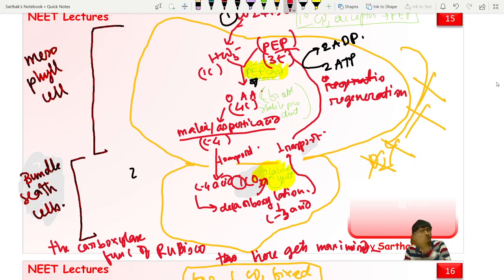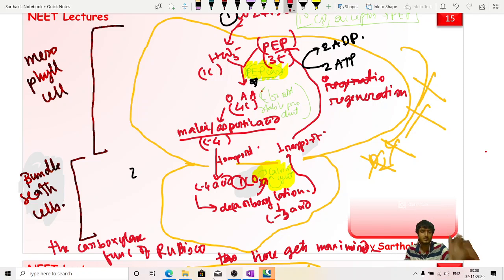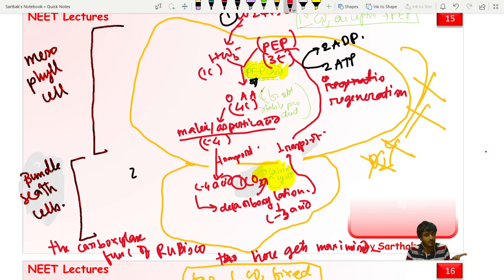You have understood what I am trying to say: the CO2 is decarboxylated in the bundle sheath cell, and there is no intercellular space, so no O2 is coming from the outside. So the carboxylase function of Rubisco here gets maximized, and the oxygenase function gets minimized.